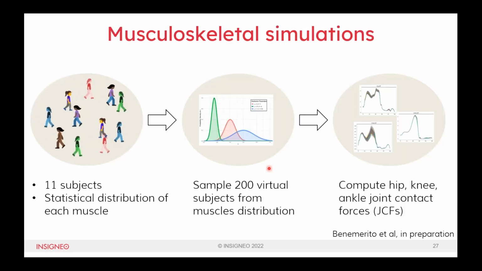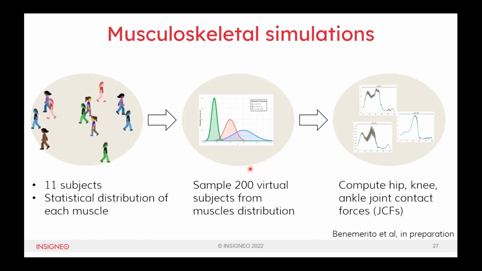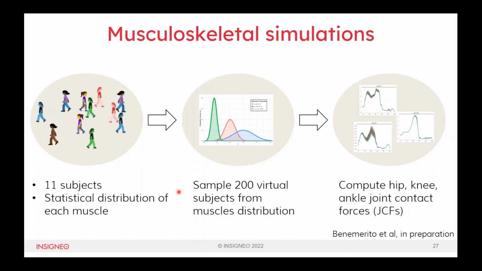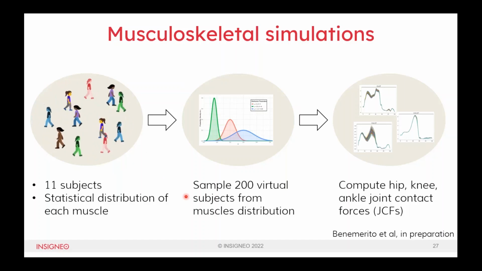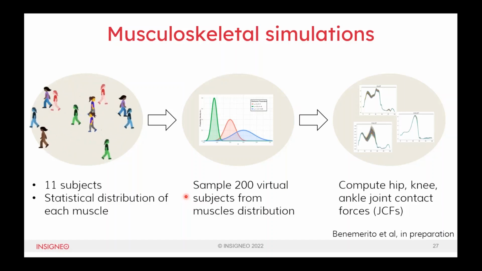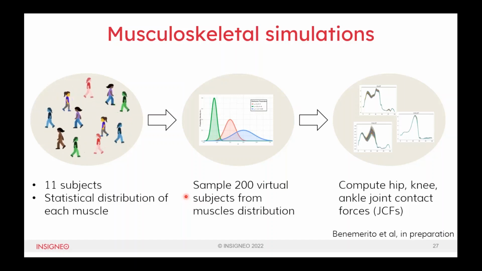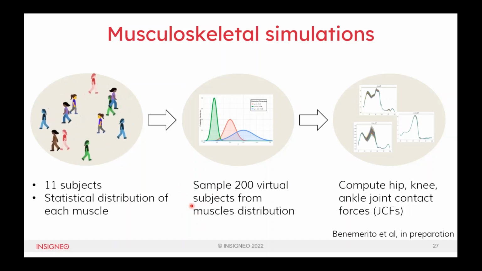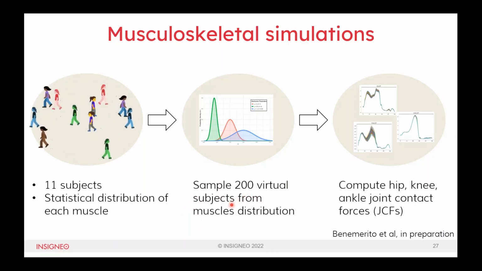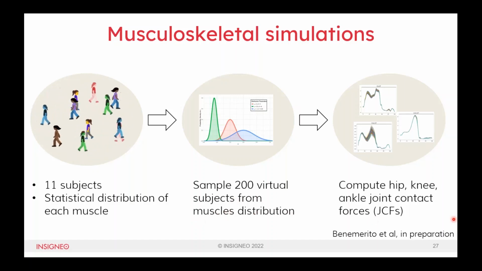We had available a dataset from 11 women who performed a variety of motion tasks at various speeds, and the motion was recorded with the cameras in the gait lab, and they also underwent an MRI scan of the lower limb. So we segmented all the muscles of all the women and extracted the statistical distribution for all the muscles.